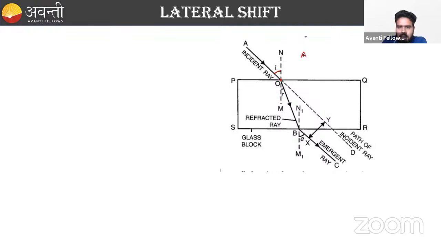We consider the light ray coming from a rarer medium, air. Here we apply Snell's law: sine i upon sine r is nothing but, if we consider the refractive index of the glass material as n, n upon 1, where the refractive index of air is equal to 1.